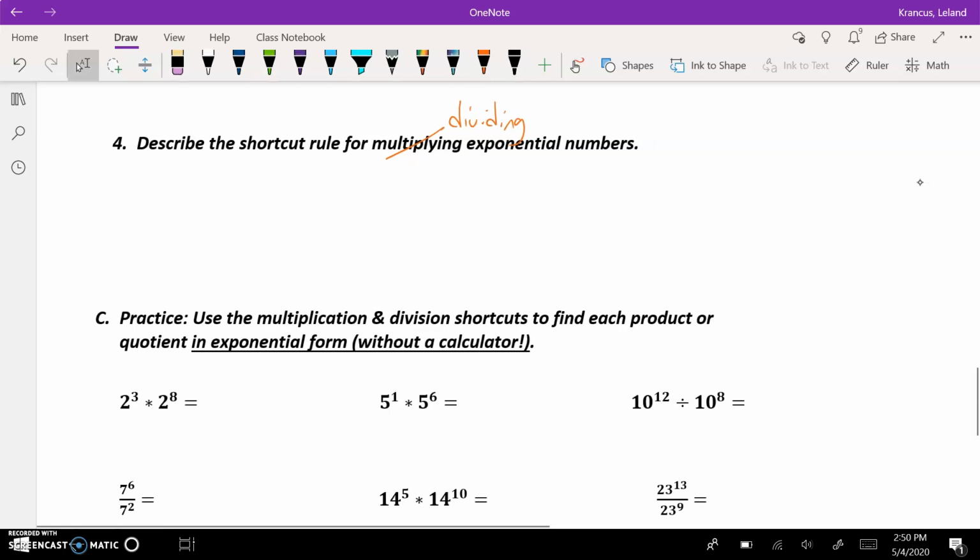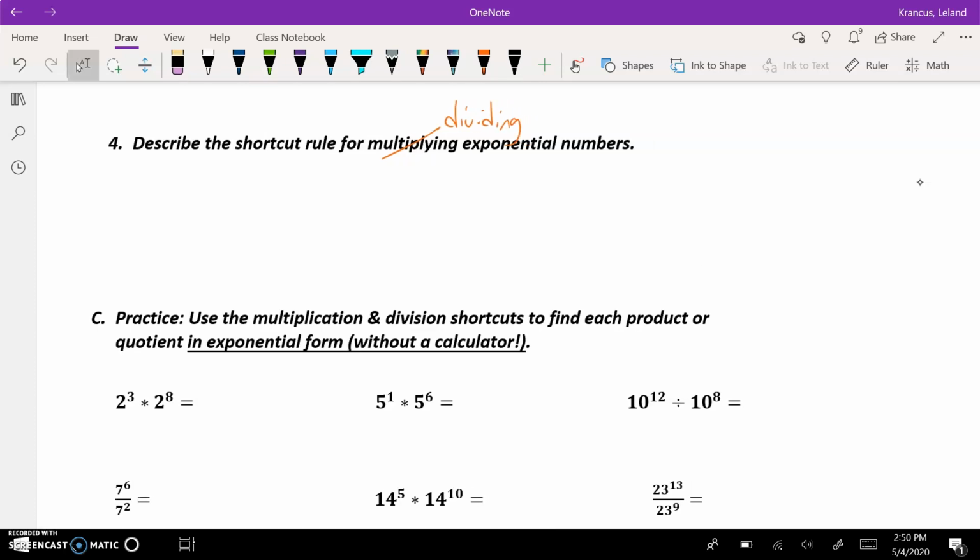So hopefully you noticed when you were dividing that it was the inverse of what we did with our exponents when we were adding. So if you are dividing two numbers with the same base, the exponent on the quotient will be the difference between the exponents on the two numbers that you're dividing. So you subtract the exponents.